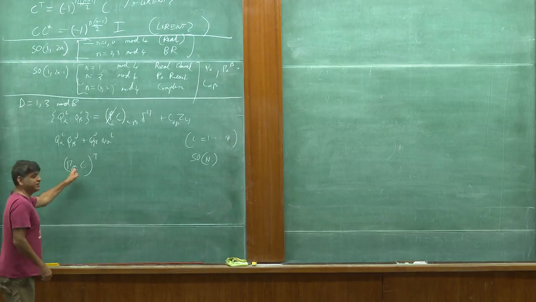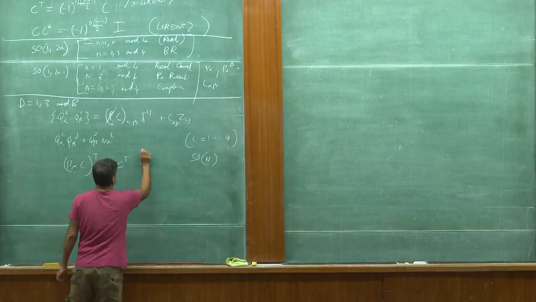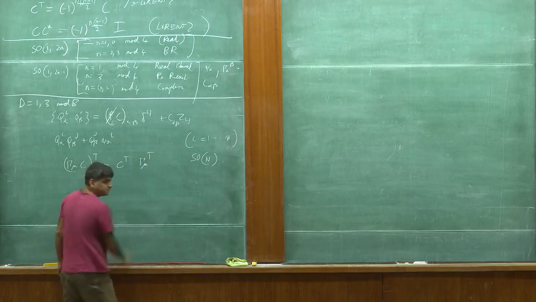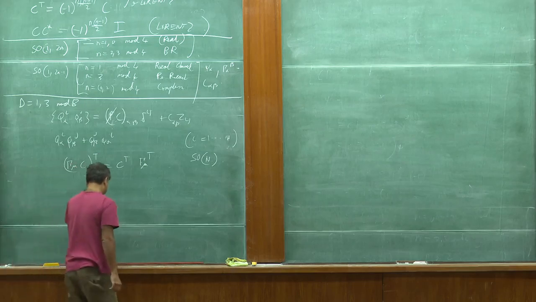But let's come back to this one. So this was equal to C transpose times gamma mu transpose. Now what about C transpose?